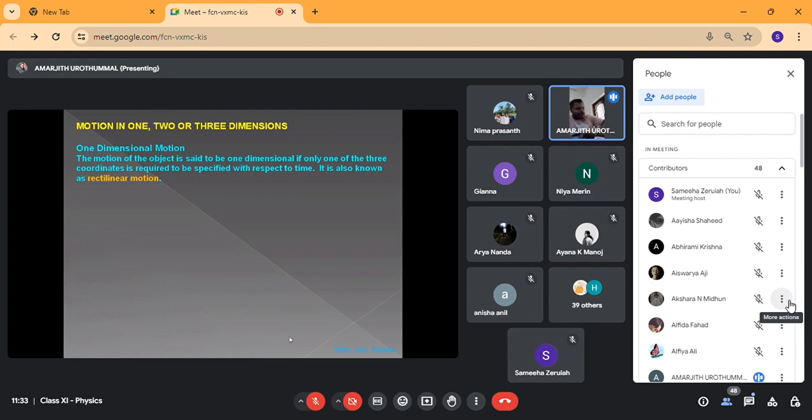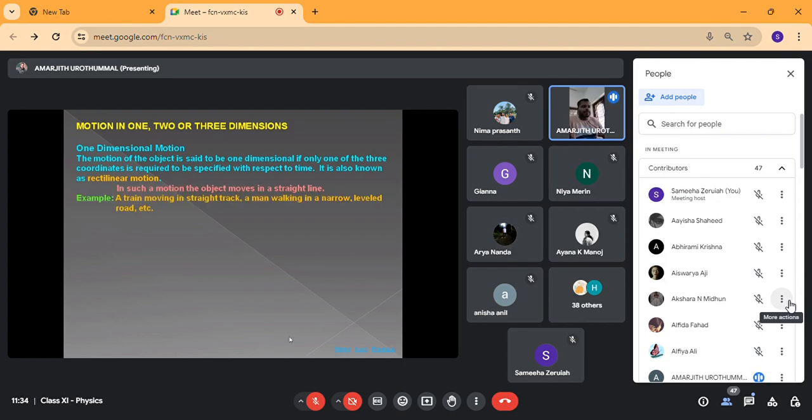Now, tell another example for this motion in a straight line. What about the motion of a lift? Is it one-dimensional? Yes, it's a one-dimensional motion. Exactly. Motion of a lift. And if a car is moving on a straight highway, we have to specify the straight.